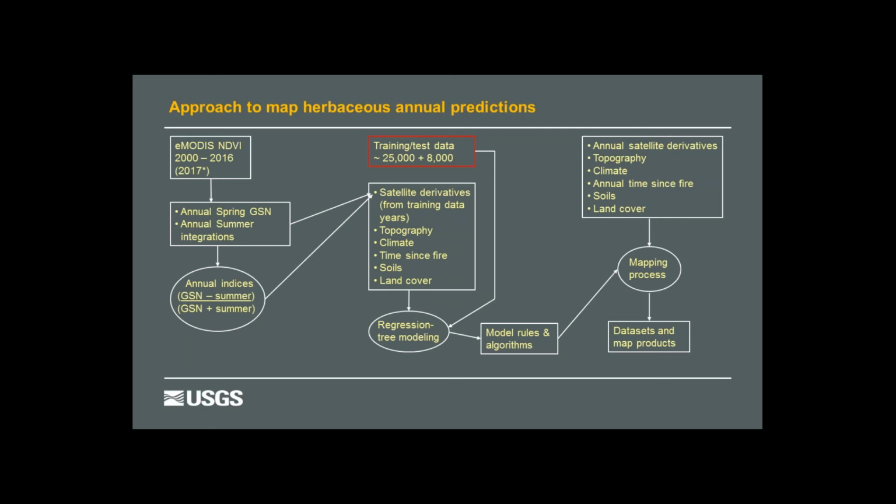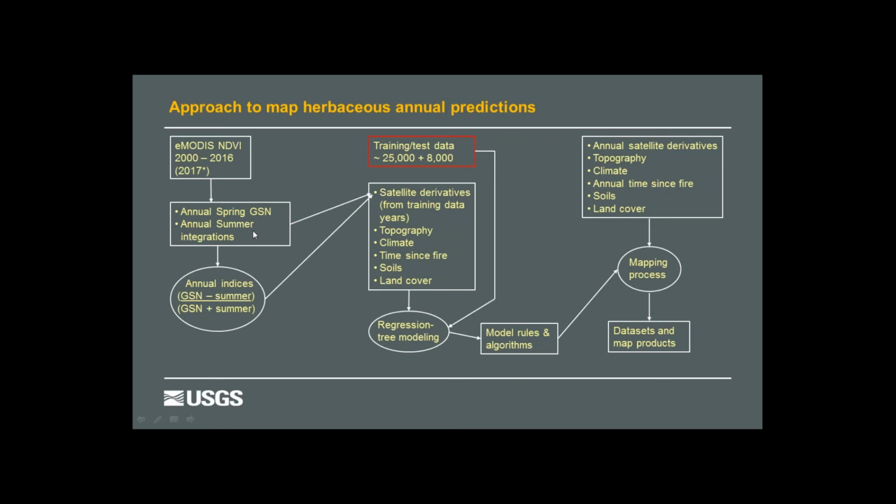And we have that for every pixel in the study area, and then we take the NDVI value from that first week, and we extend it out 8 or 9 weeks, and we take an average value of all those 8 or 9 values. That becomes what we call our spring growing season NDVI, or annual spring GSN.